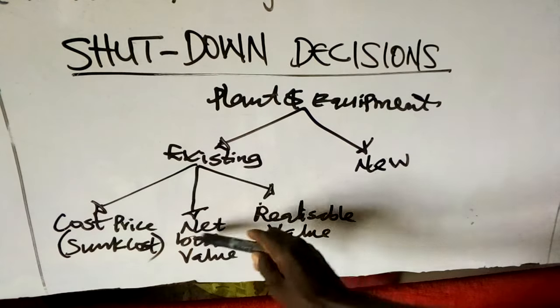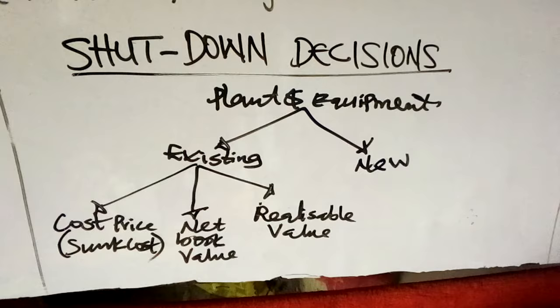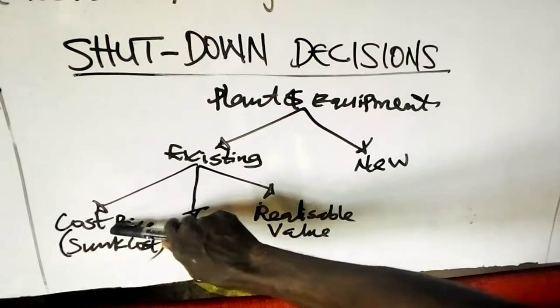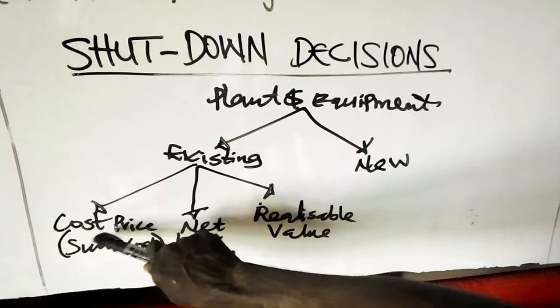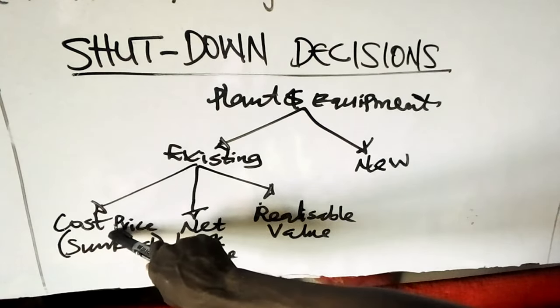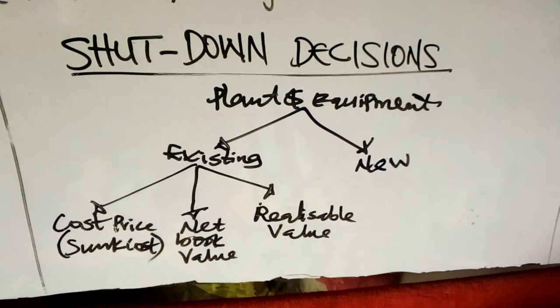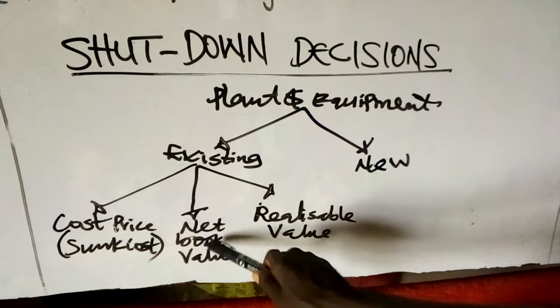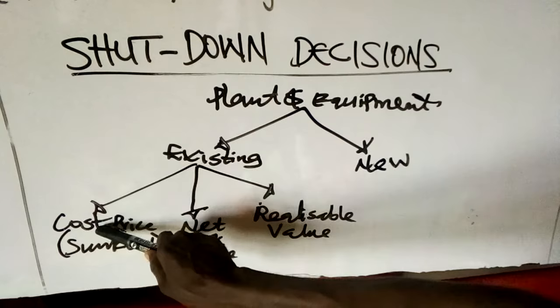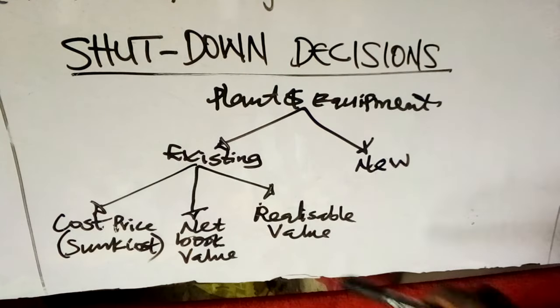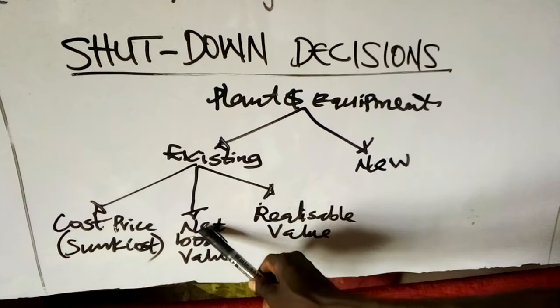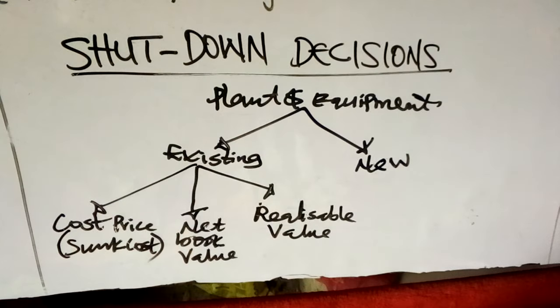The second one is the net book value. Net book value is the combination of the purchase price, the value it was purchased for, which was regarded as a sunk cost, and the depreciation, which is not a cash flow. Therefore, the net book value is cost less accumulated depreciation, and even accumulated impairment.